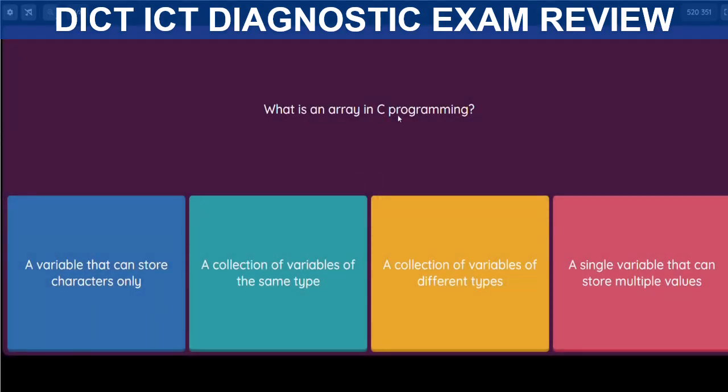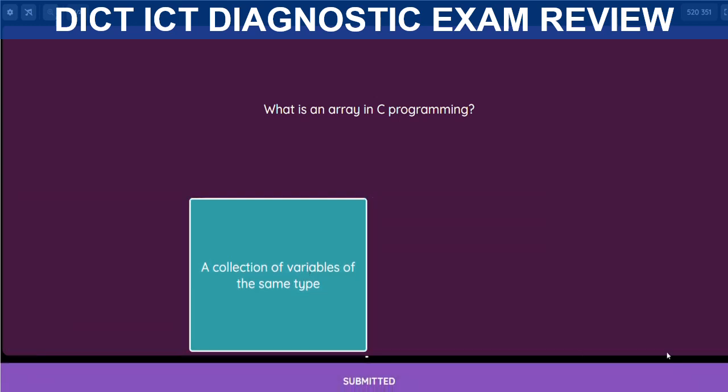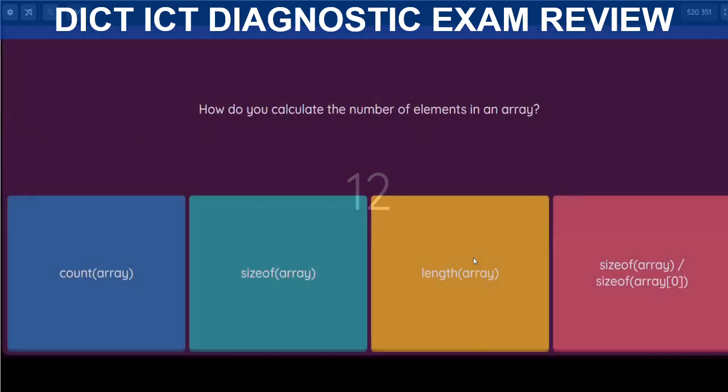So what is an array in programming? So the array in C programming is a collection of variables of the same type. If it's integer, integer. So how do you calculate the number of elements in an array?